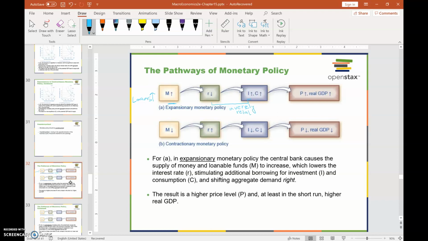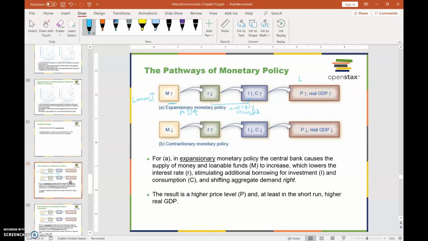So we also have consumption going up. And I would say with expansionary monetary policy, the aggregate demand went up.